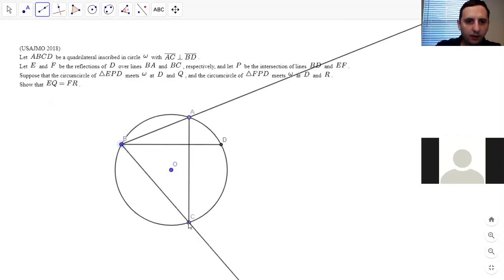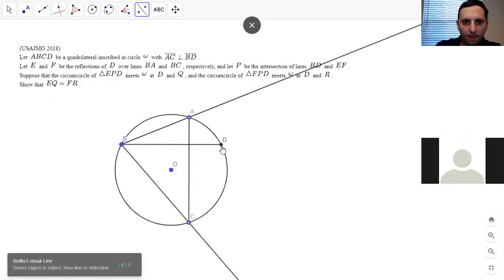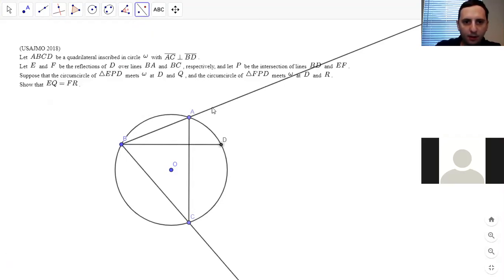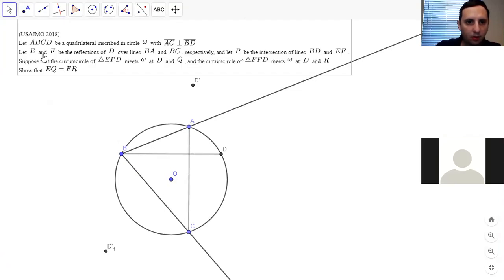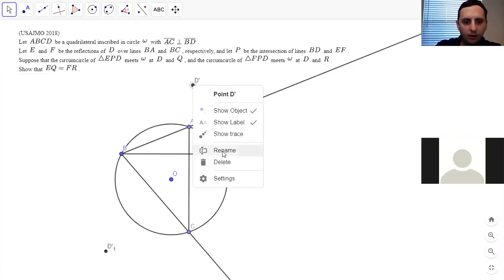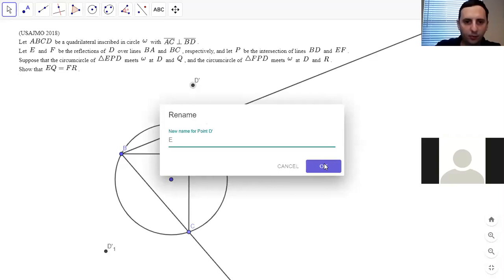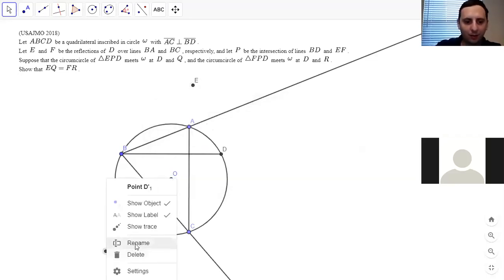So I reflect B over both of those, BA and BC. Let me call them E and F. So this will be E, and this will be F. I kind of like these double reflection problems. I feel like there's a couple of them.